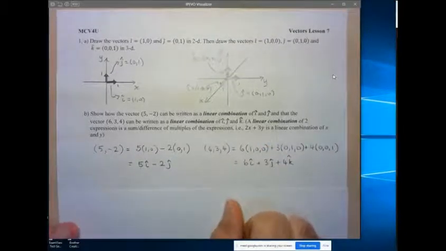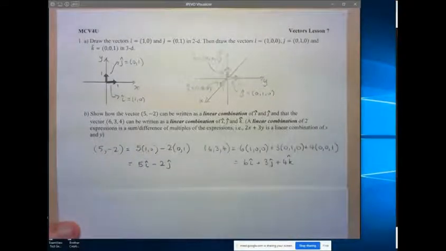All right. Now, somebody had brought up this idea: this sounds a lot like the idea of components when you're dealing with, say, force vectors in physics, and that's exactly it.